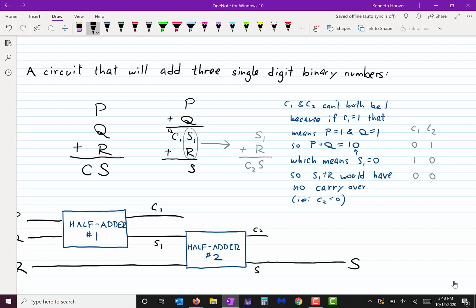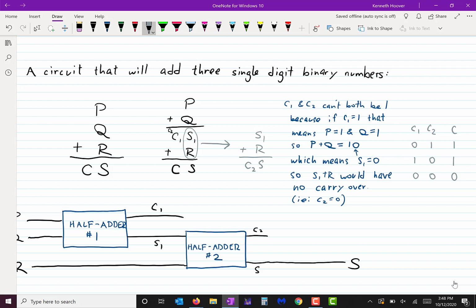Okay, and this right here, their sum is going to be our final C. If C1 is 0 and C2 is 1, then their sum will be 1. If C1 is 1 and C2 is 0, the sum will be 1. And if they're both 0, their sum will be 0.